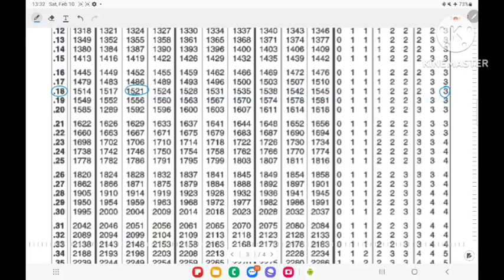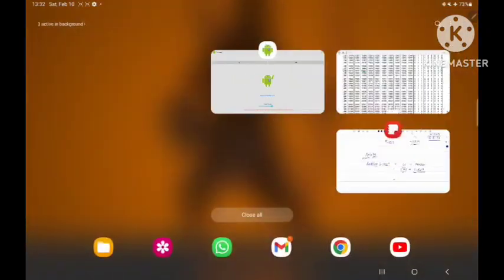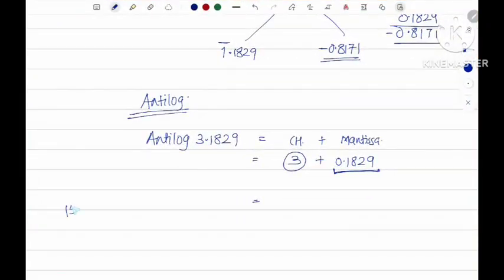So 1521 plus 3, we will get 1524. So we will write 1524, and where will we place the decimal?